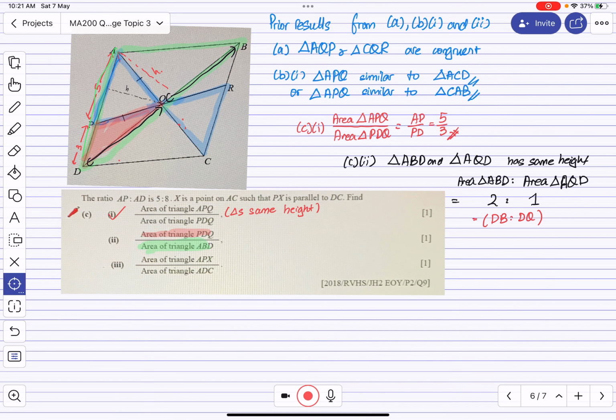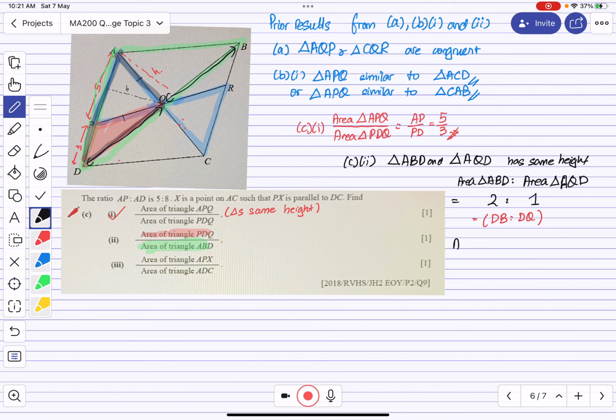Now if I look at AQD, which is the one in gray, over PDQ, again AQD and PDQ also have the same height.